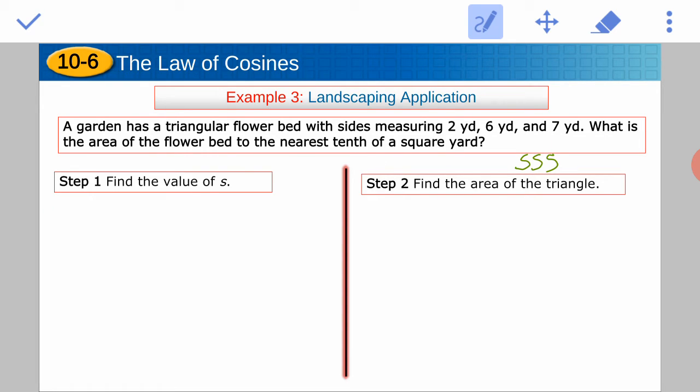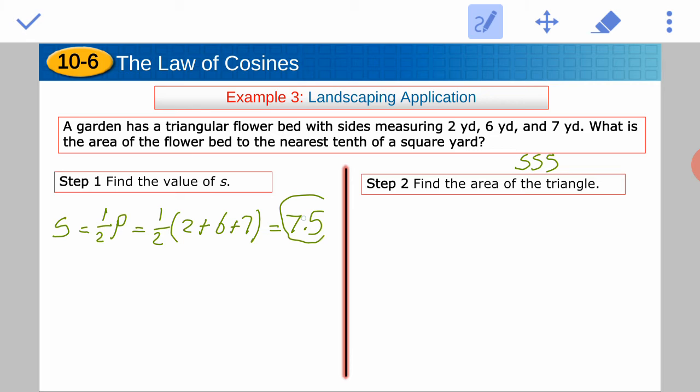So guys, Heron's formula is based on s. s is equal to half the perimeter of the triangle. So simply it's half times the sum of the three sides, 2 plus 6 plus 7. Half this sum is equal to 7.5.